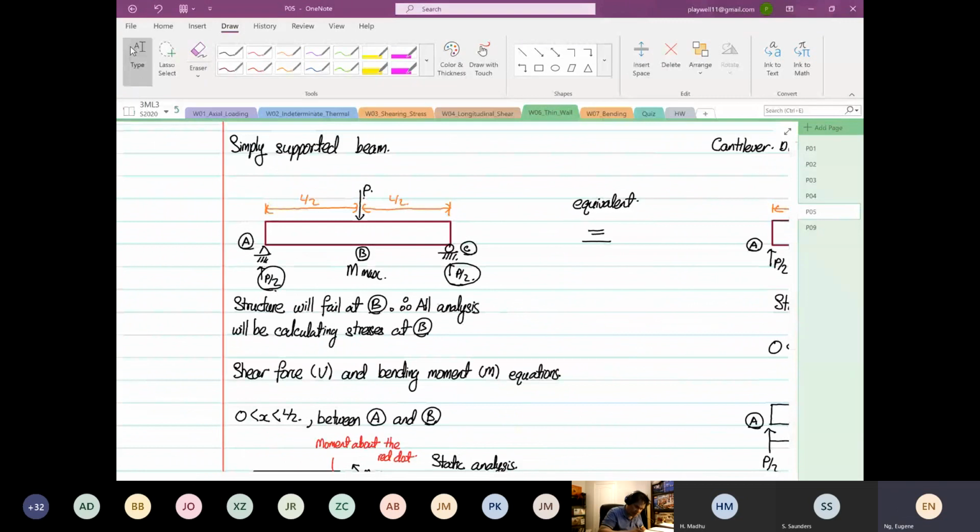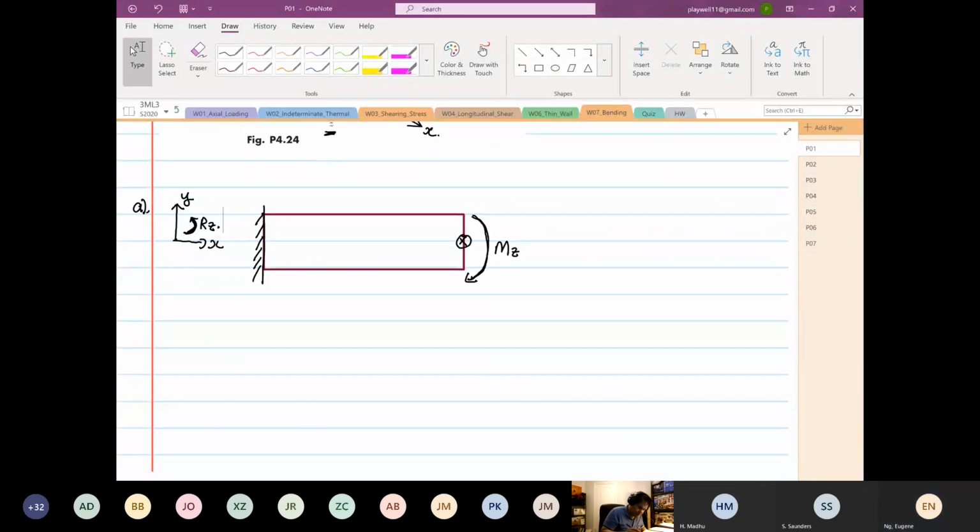So a key thing to remember is the head of the moment arrow. The stresses are always in compression. And the tail end of the moment arrow is always in tension, or tensile.